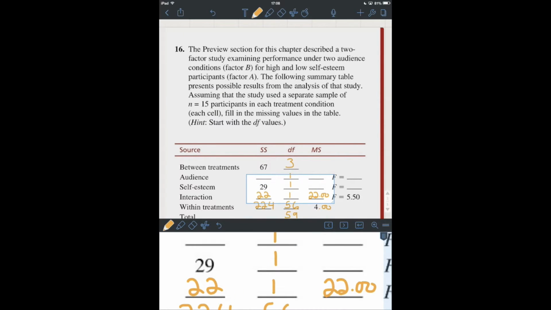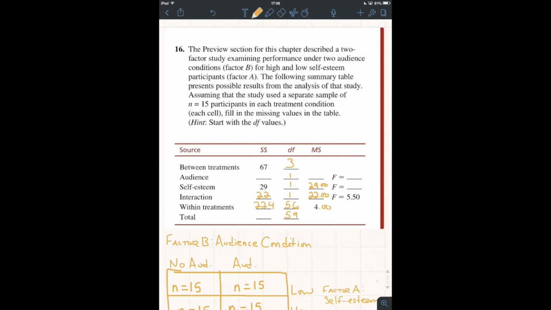And another thing to notice here is self-esteem also has 1 degree of freedom, so the MS is SS divided by DF, so 29 divided by 1 is 29, so we can put the MS for self-esteem as 29.00. The next thing we could find is the F ratio for self-esteem.